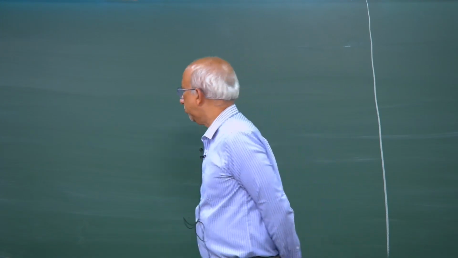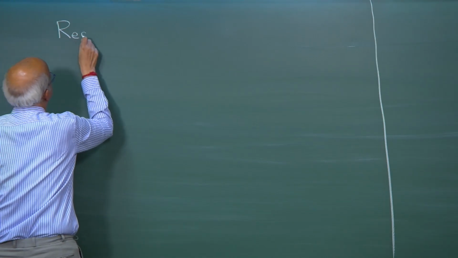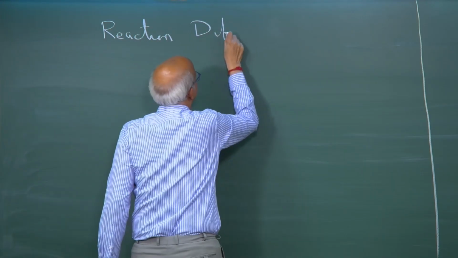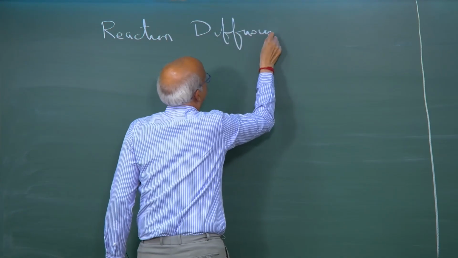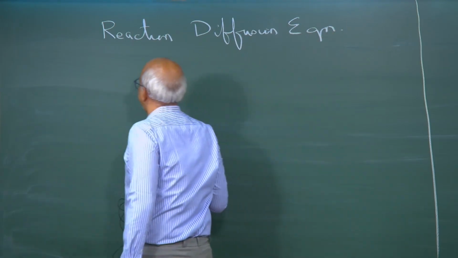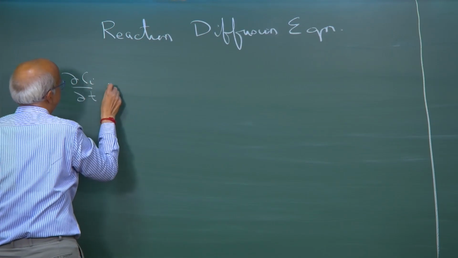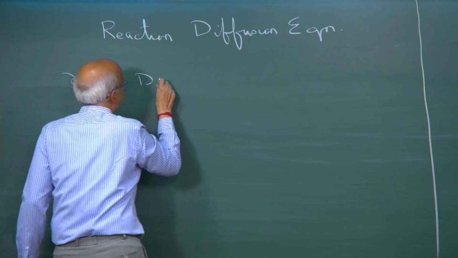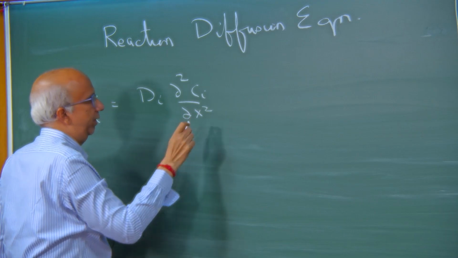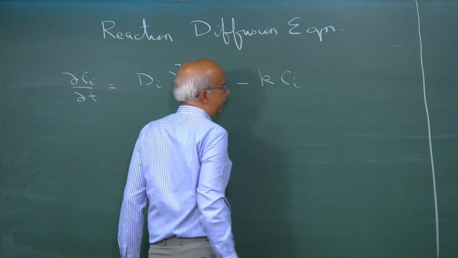So, this is the reaction diffusion equation, and this is what we derived: dCi by dt equals D d squared Ci by dx squared minus kCi.